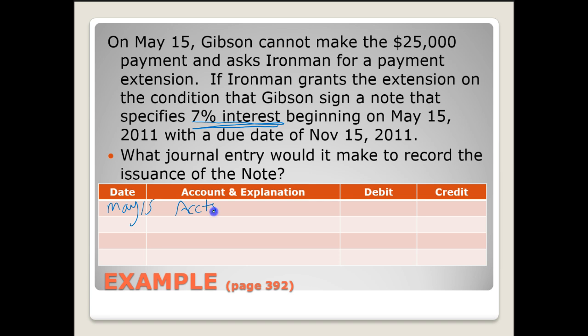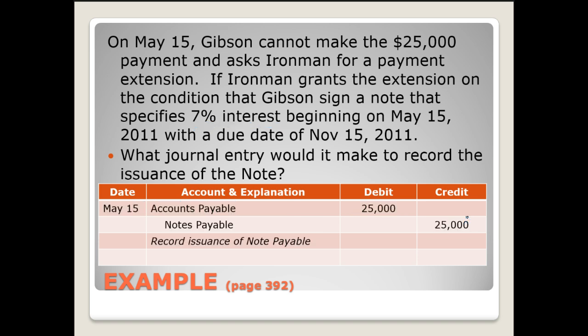So by entering into a note payable, they are essentially clearing that accounts payable off their books and replacing it with another liability. So we debit one liability account and we credit another liability account, so that we now have a $25,000 note payable on the books, and we've eliminated $25,000 of accounts payable.